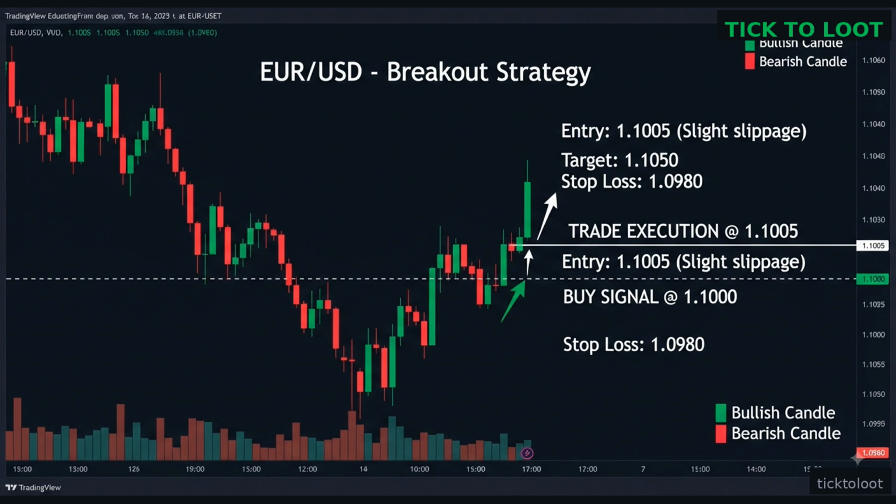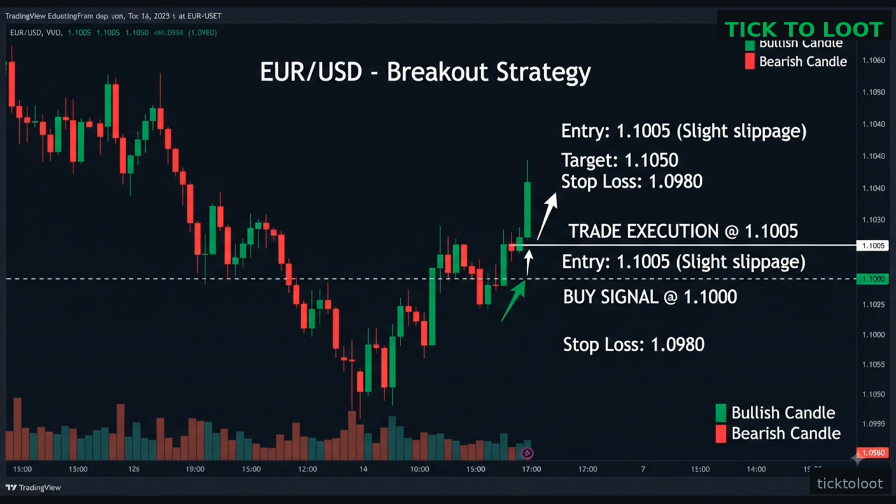Let's consider a real-world example of latency in algo execution. Suppose you're trading the euro to US dollar currency pair, and your algorithm is set to buy when the price reaches 1.1000. However, due to latency, the trade is not executed until the price reaches 1.1005. This means you've missed the opportunity to buy at the desired price, and you've ended up with a worse trade.